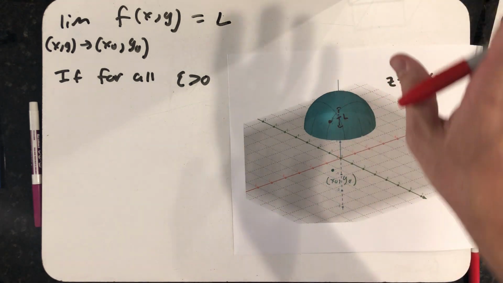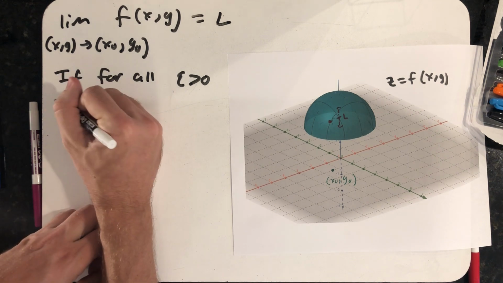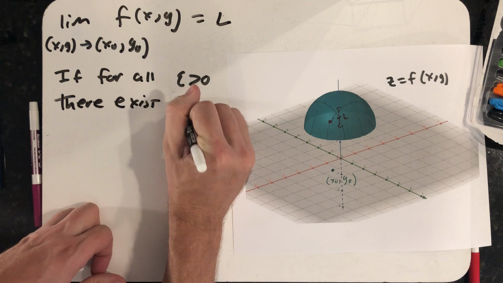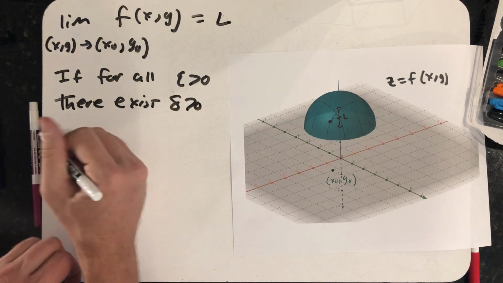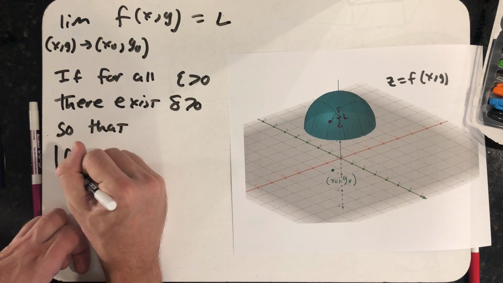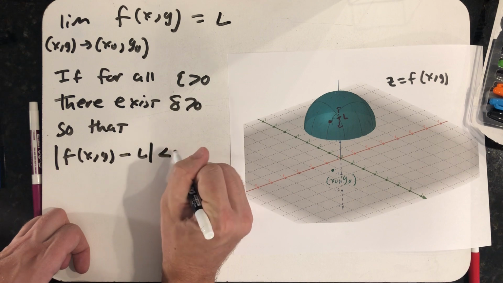So I could go up from L and down from L, all in the range. If for all epsilon bigger than 0, there exists a corresponding number delta so that the z's, the f of x, y's, are within epsilon of L.